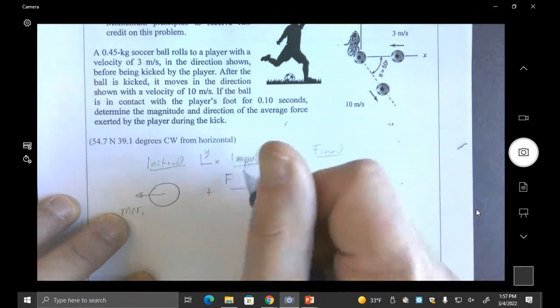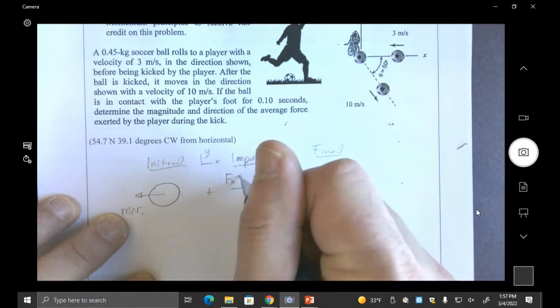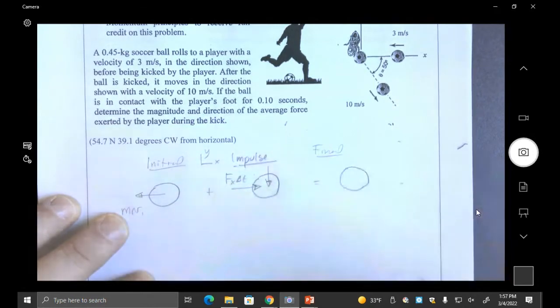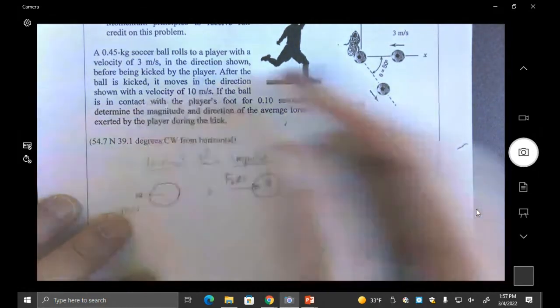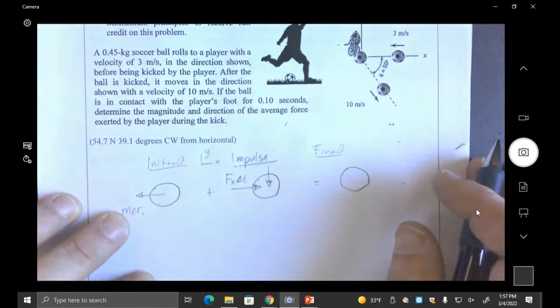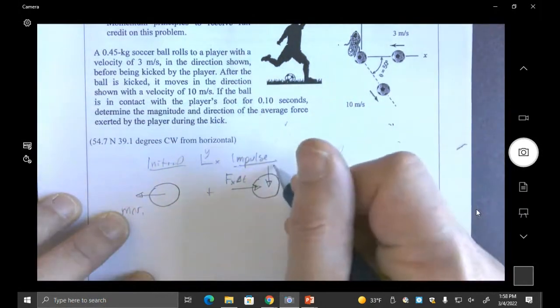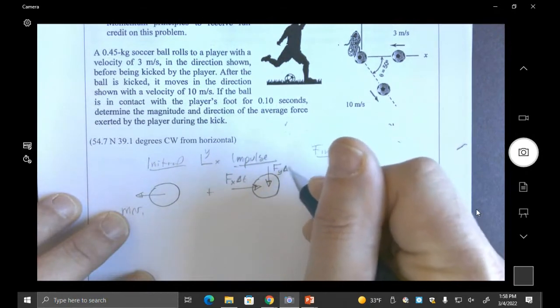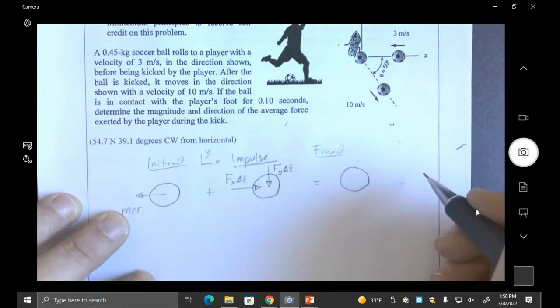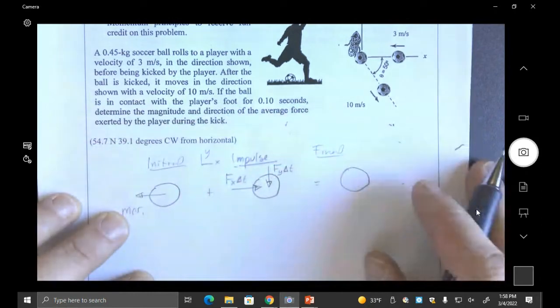So this is going to be the Fx delta t. We could use the delta t instead of the integral because we're looking for this average force. Even though we know the force will change with time, they're asking for the average force, so we can use that. So we have Fy delta t. And this is in the horizontal plane, so we don't see any weight in there. So those are all the forces that are acting on this.